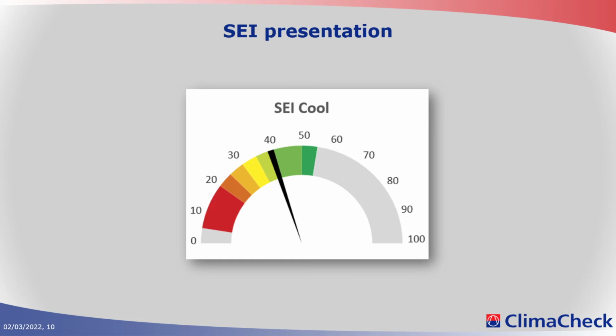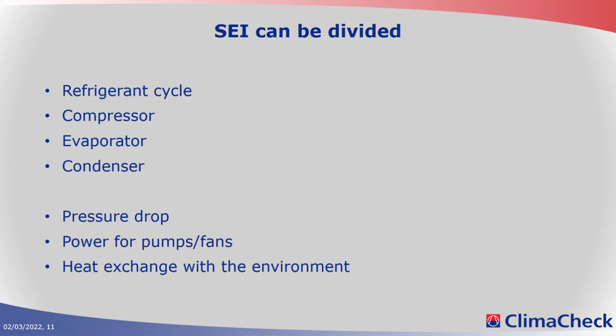The SEI, the System Efficiency Index, can be further divided into different categories. The 4 main categories are the refrigerant cycle, the compressor, evaporator, and condenser. These are always measured in our basic system. Further, we can measure as well the pressure drop, power of the pumps and fans, and heat exchange with the environment.